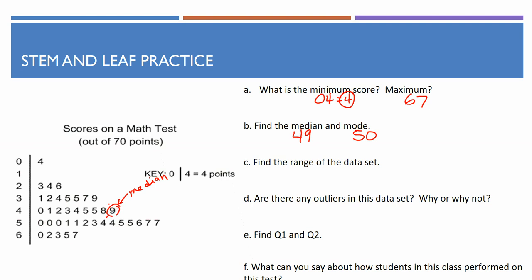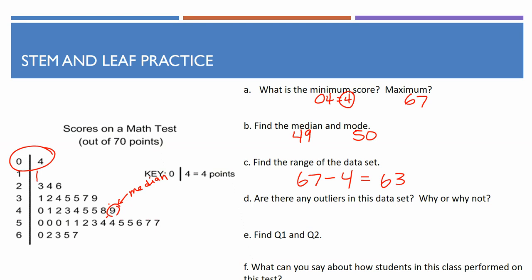All right, range. Remember, range is the biggest minus the smallest. So 67 minus 4. Are there any outliers? So an outlier is like something that doesn't fit the pattern, something that doesn't fit along with the rest of your data. This person here, that score doesn't seem to fit along with everyone else. An outlier is normal. We can easily identify outliers by looking for any gaps in your data.